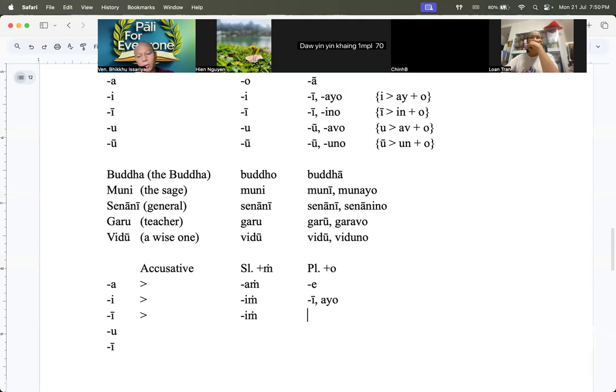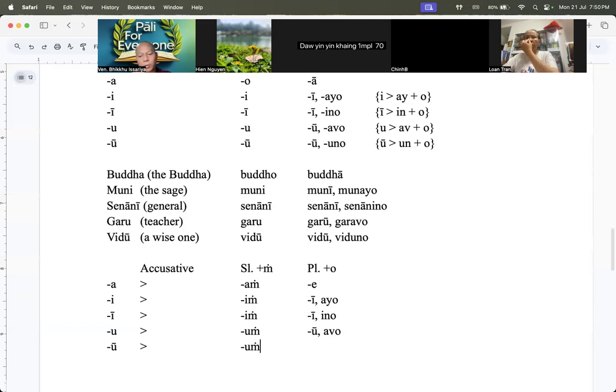And for the plural also, it is exactly the same as the nominative case. For the U, the singular adds the niggahita. Oh, sorry, this one should be U, not I. Also, the long one becomes short.